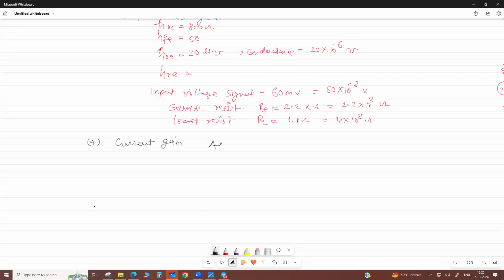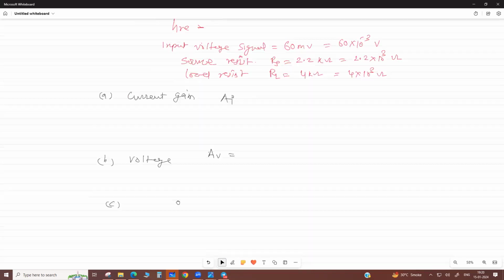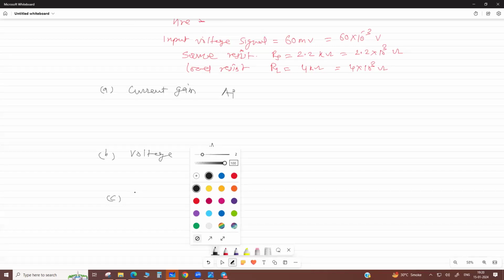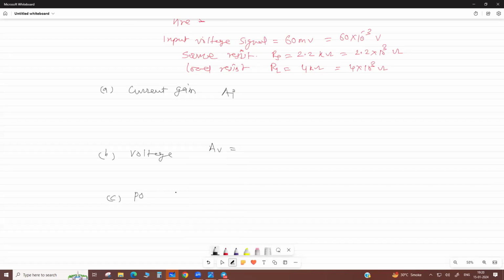Then they are asking for the voltage gain, AV. Then the power gain AP, which you can easily calculate as AP equals AV into AI.